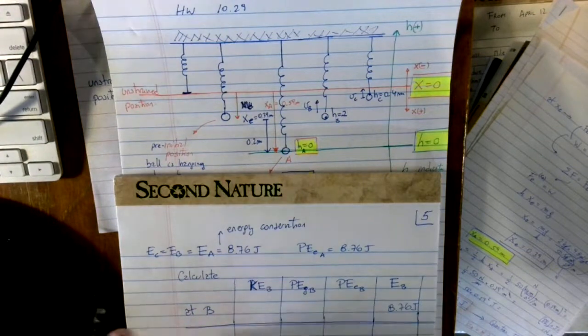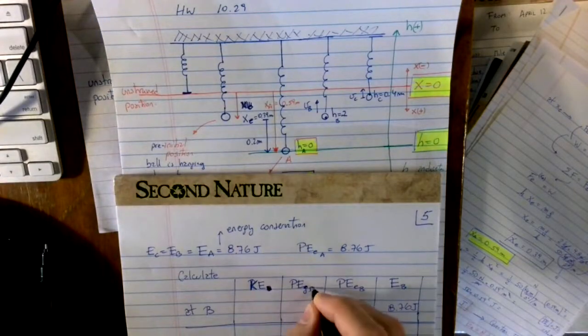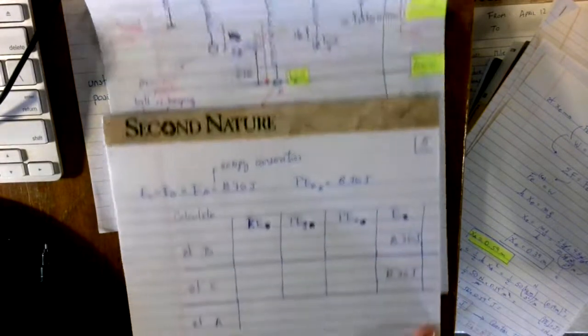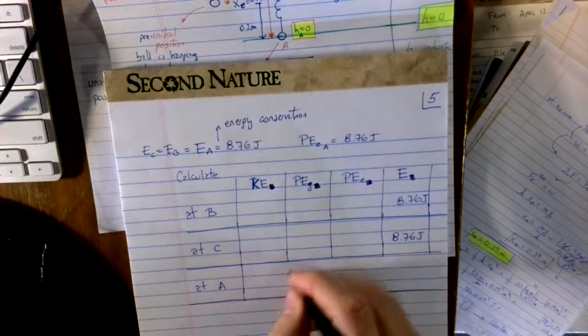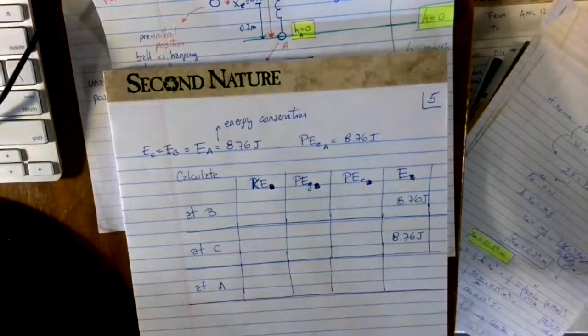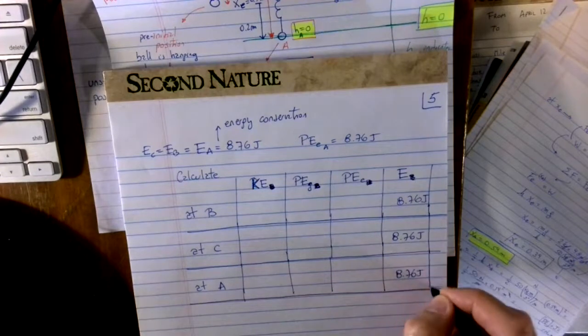Now, let me remove this guy here because we are doing a little table, and the B or the A, whatever. This is actually right here. I'm not recalculating everything, but putting back what we know. We calculated that this is 8.76 joules.